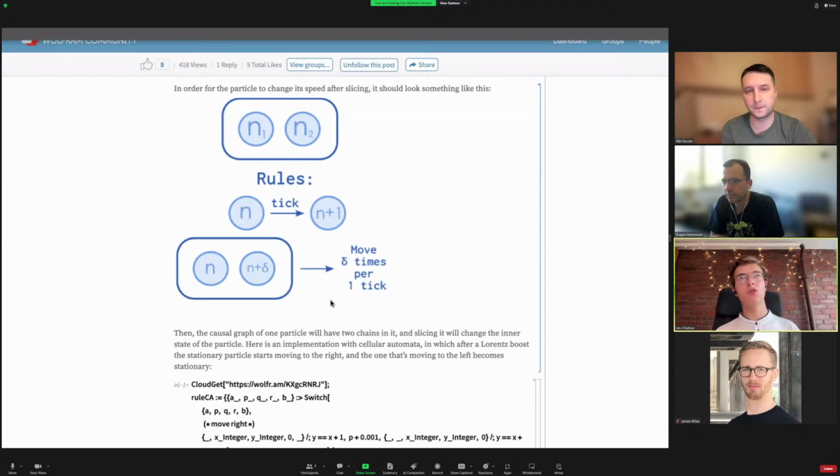The first condition is that it should be expressive enough for us to be able to encode the particle that is moving and the particle that is standing and all the speeds in between, and we should be able to transition between those different states just by picking different slices of events, and that is what allows us to do it here.